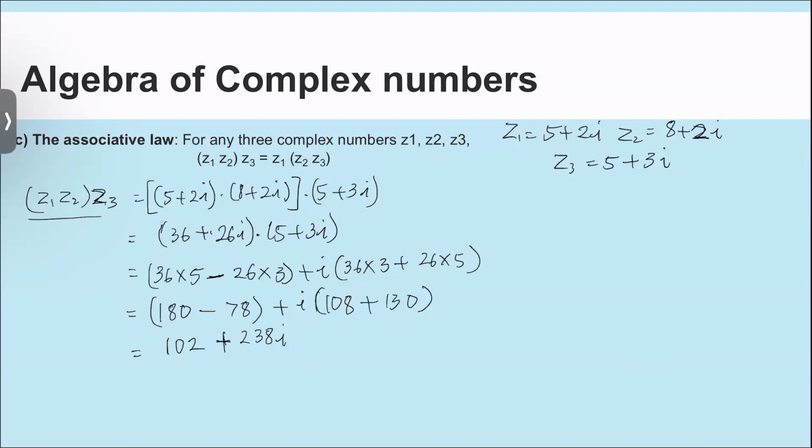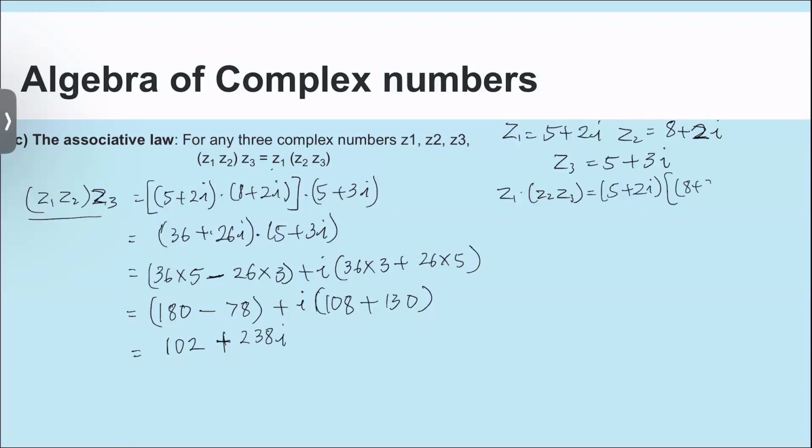Now, if we consider the right hand side of the equation, so we have Z1 into Z2 Z3. So now we write the complex numbers.